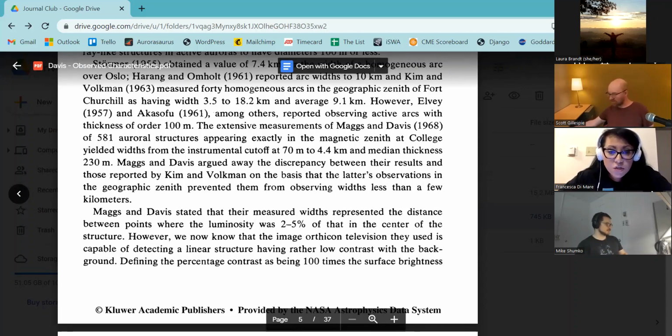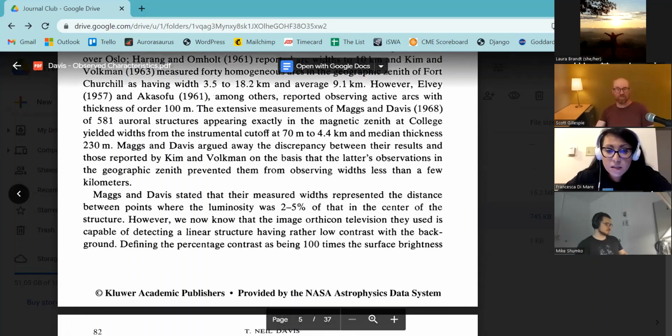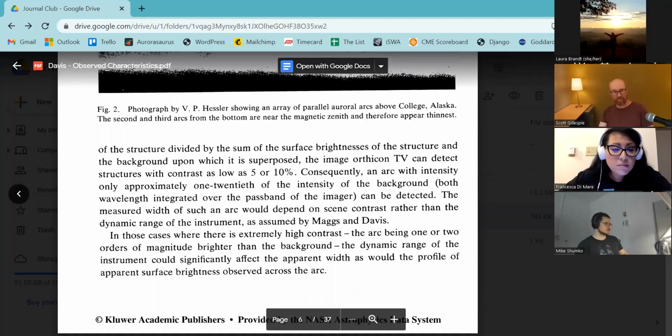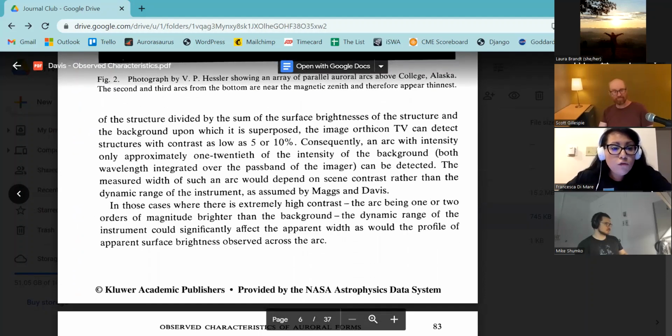Defining the percentage contrast as being 100 times the surface brightness of the structure divided by the sum of the surface brightness of the structure and the background upon which it is superposed, the image orthicon TV can detect structures with contrast as low as 5 or 10%.